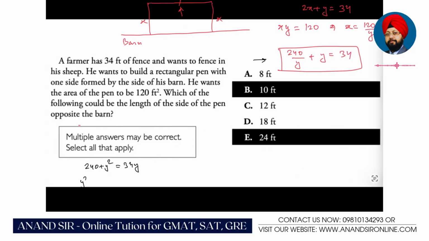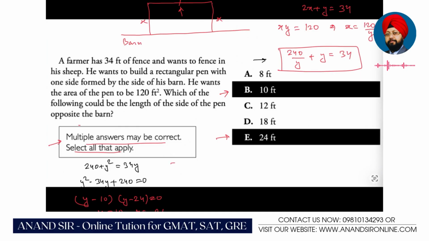So you get y square minus 34y plus 240 is equal to 0. Then I factorize using splitting the middle term, I get y minus 10 and y minus 24. So I get either y is equal to 10 or y is equal to 24. So I can have two answers, because here it says that multiple answers may be correct. Select all that apply. So I have two answers, B and E.